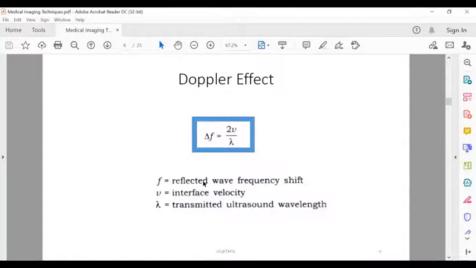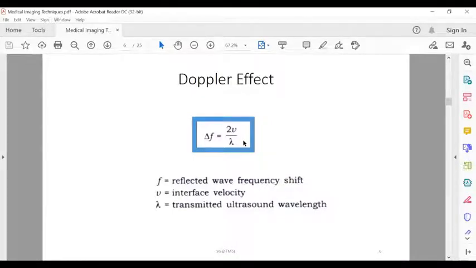An important characteristic of ultrasound frequency used in biomedical instrumentation is the Doppler effect. If the frequency of the reflected ultrasonic energy is increased or decreased by a moving interface, the frequency shift is given as delta f equals 2 v by lambda, where these are the reflected wave frequency shift, interface velocity, and the transmitted ultrasound wavelength.